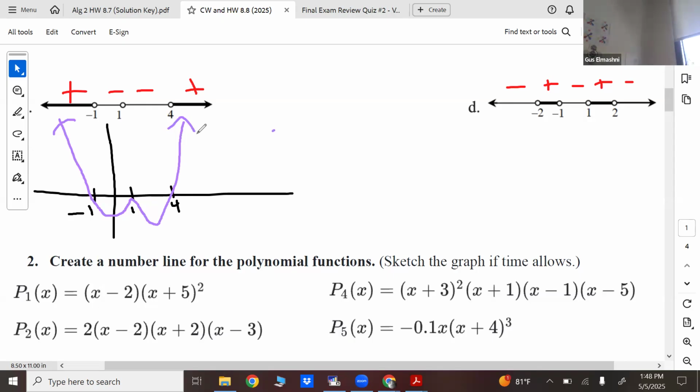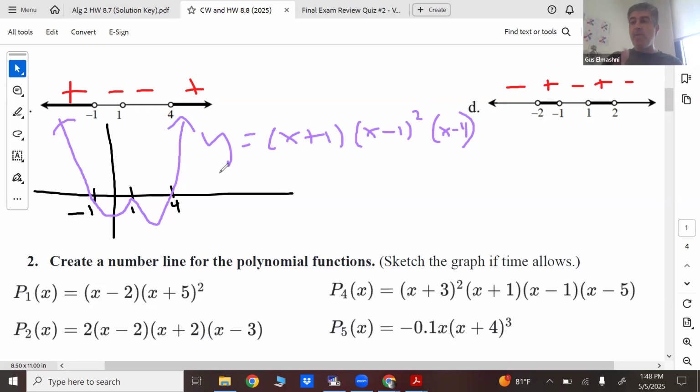And what's really happening is that at 1, it's gonna be a square factor. So the possible equation would be y equals x plus 1, because there's a cross, x minus 1 to the second power, and finally x minus 4. Does that make sense? What we're seeing here?